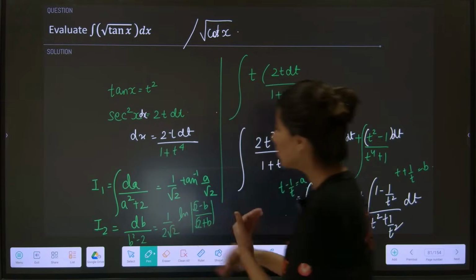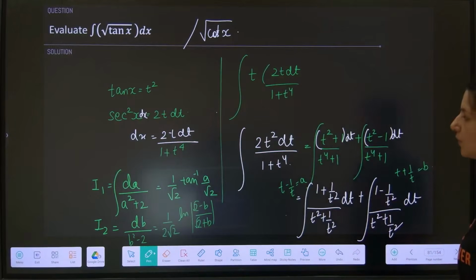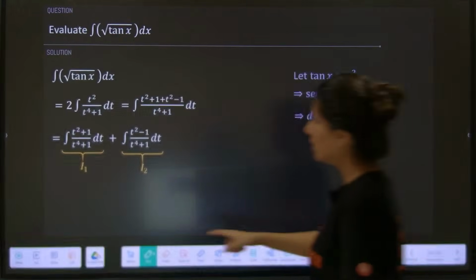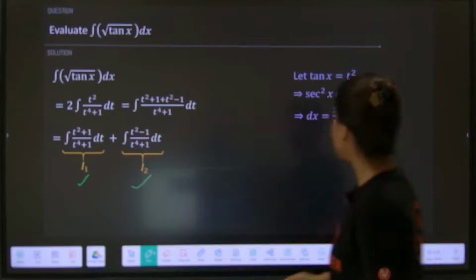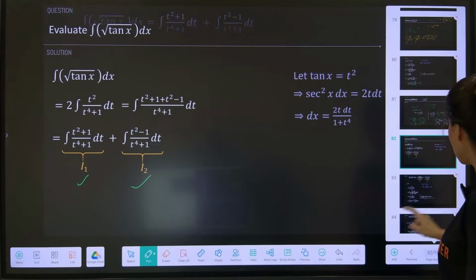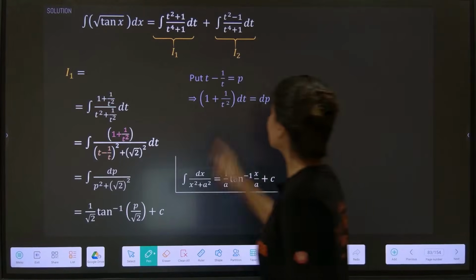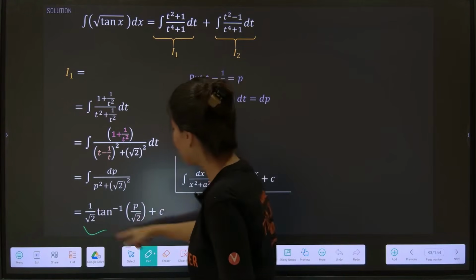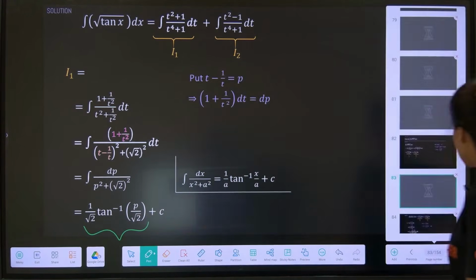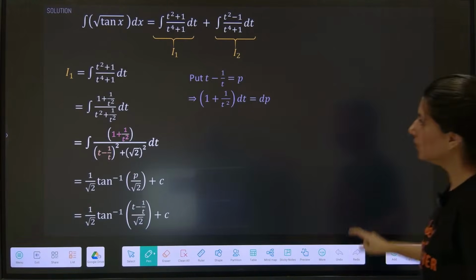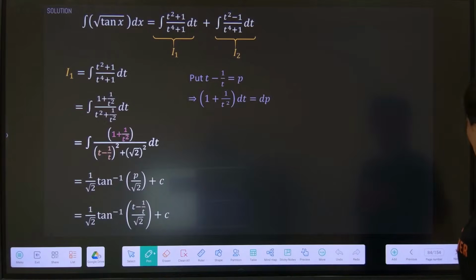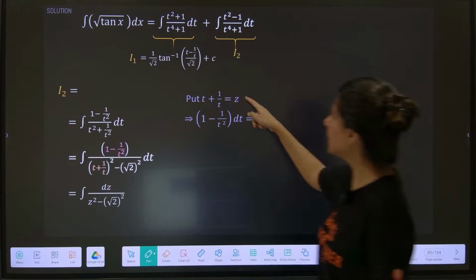And you know what? Eventually you have to turn this into t, then x. So I'll show you also. This is your first integration. This is your second integration. What we did was, over here, t minus 1 by t will be a, so we have calculated only. And in the second integration, t plus 1 by t is b.